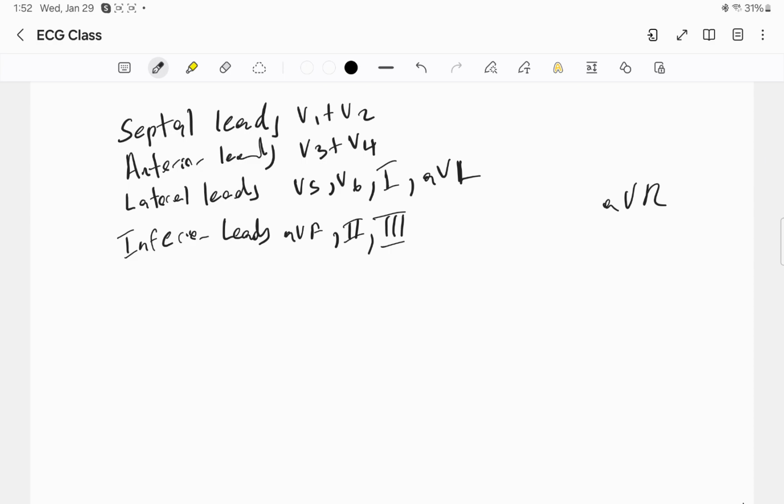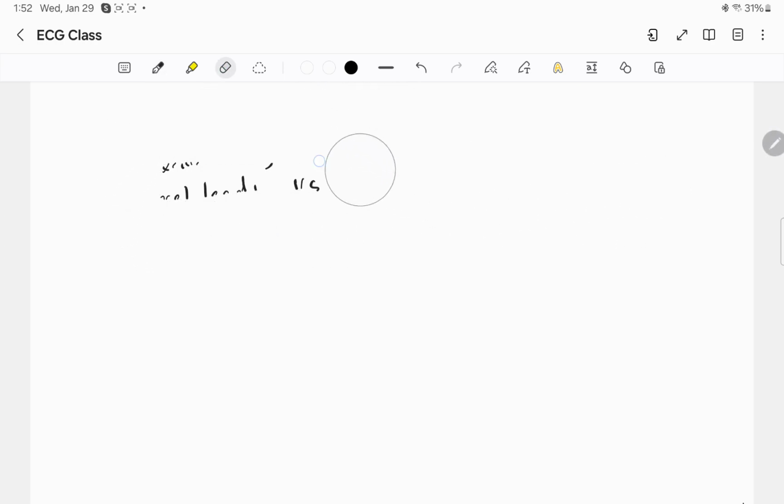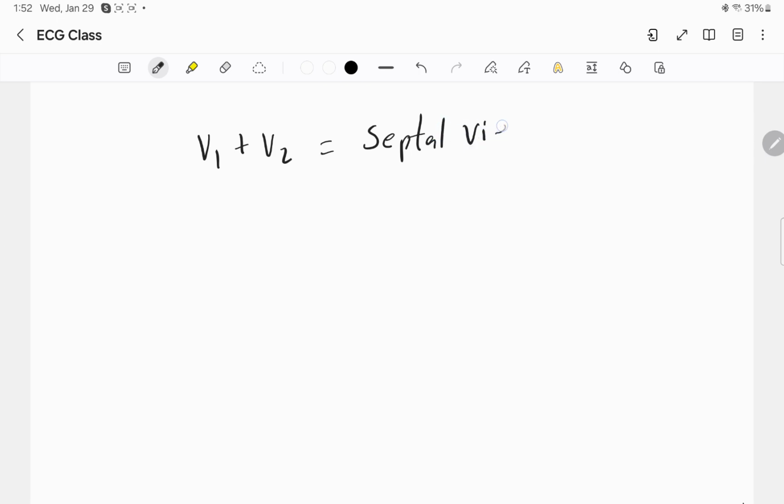So let's see how we can commit this to rote memory. This is my recommendation. I don't know if it's gonna help you, but here we go. I hope it does. So V1 plus V2: septal view.